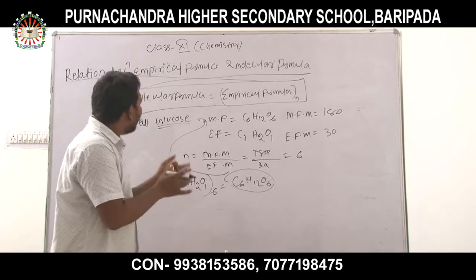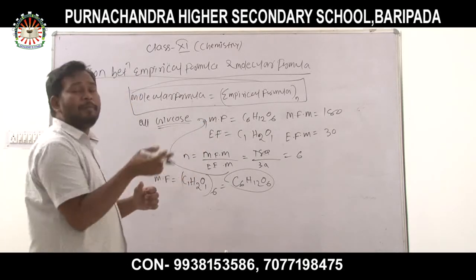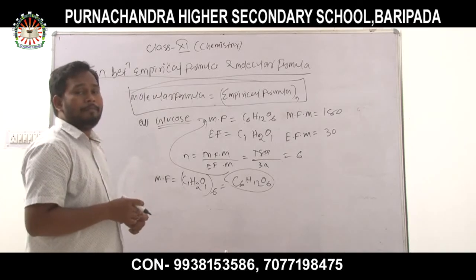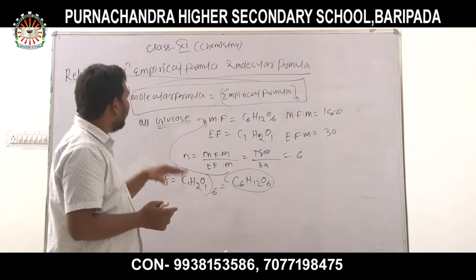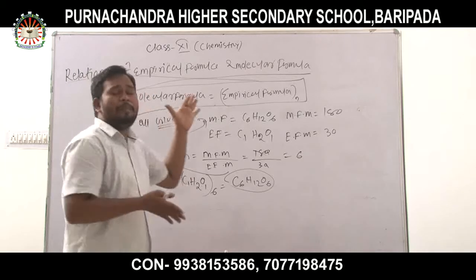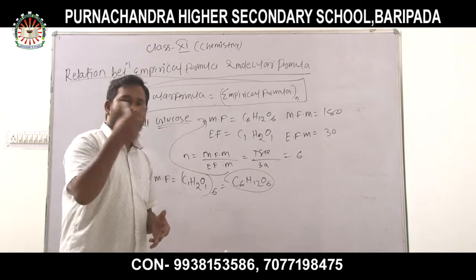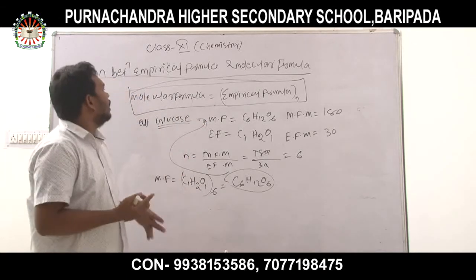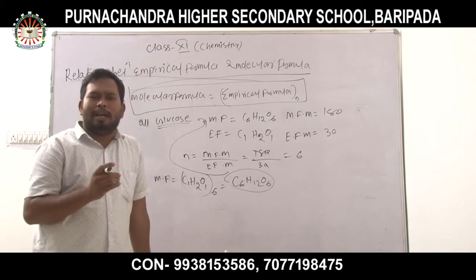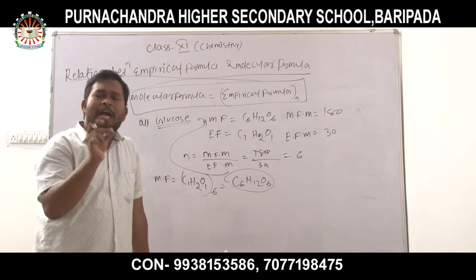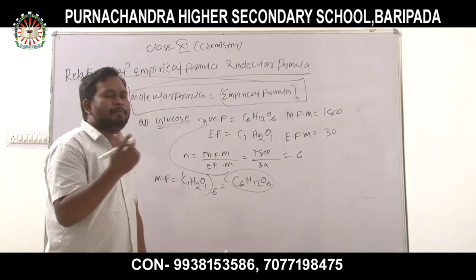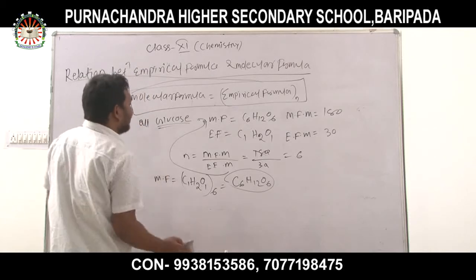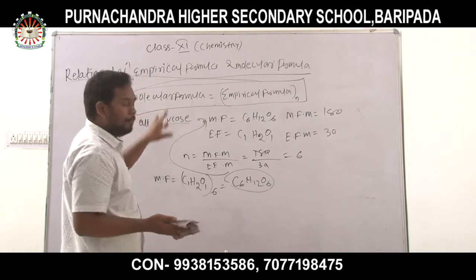This way, we calculate the molecular formula from the empirical formula. It is the basic concept behind it. Then we proceed to how to calculate the empirical formula and molecular formula of a given problem. The problem is given in such a type that I am taking an example.